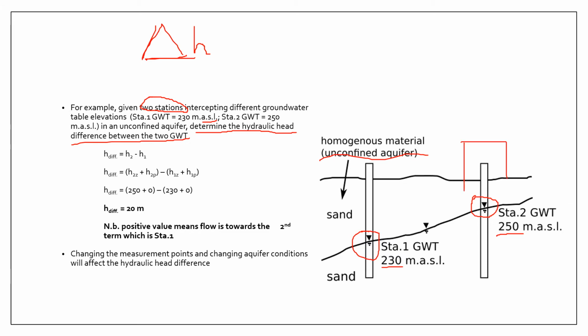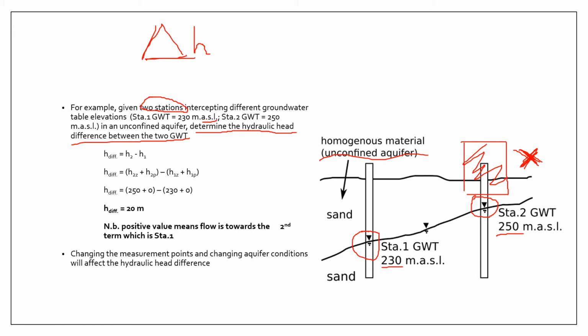So there is no water column acting at these points. We are at the top of the groundwater table, so there is no water column acting at these points.